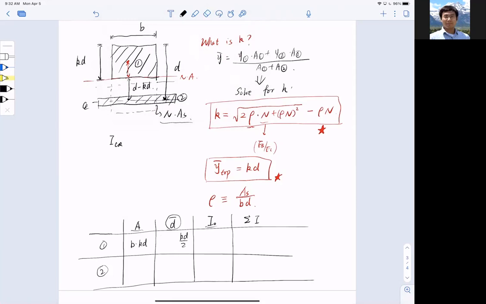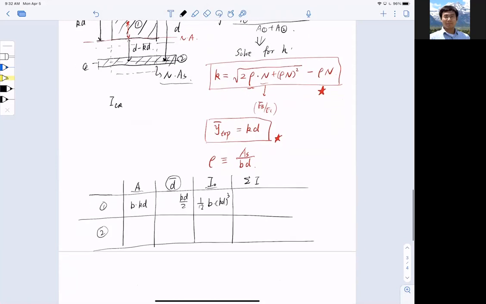Now I naught is 1 over 12 B, the width, times KD cubed. To sum it, this is 1 over 12 B KD cubed plus the area, B KD, and the distance KD over 2 squared.